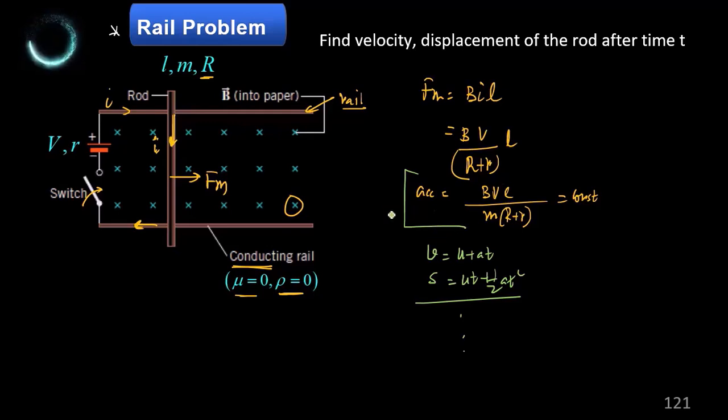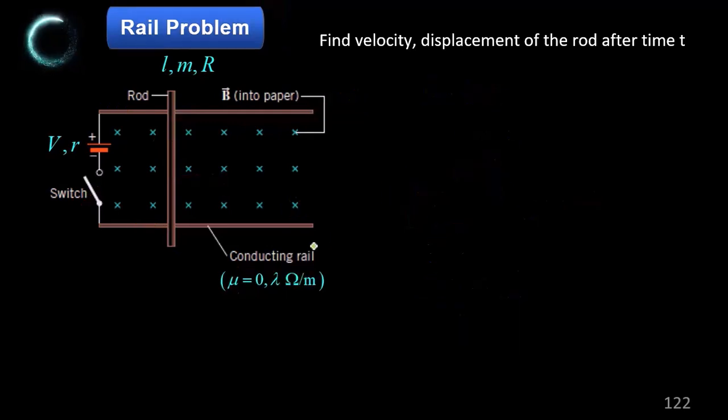Now, if I change the problem by saying that the rail is frictionless, but it has some kind of resistance, lambda ohm per meter resistance is there. So if the rod is moved by a distance of x, then this much amount of resistance and this much amount of resistance will add up in the circuit. দুটো lambda x, so this resistance is lambda x, this resistance is lambda x.